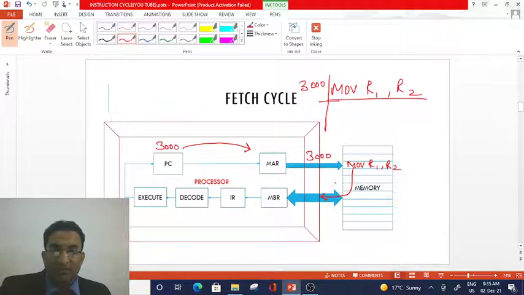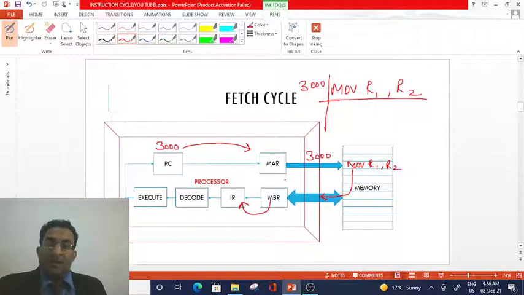So during this fetch operation, when this instruction is coming from the data bus, it will come into the processor register called memory buffer register, and after coming into the memory buffer register, it will transfer to the instruction register, because the data which is coming from the memory is an instruction.